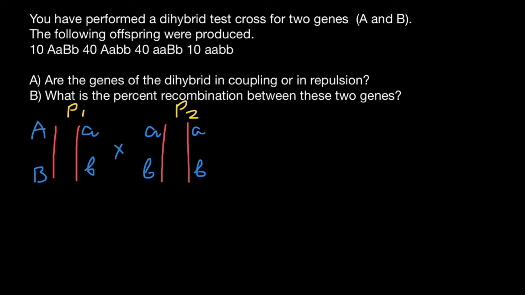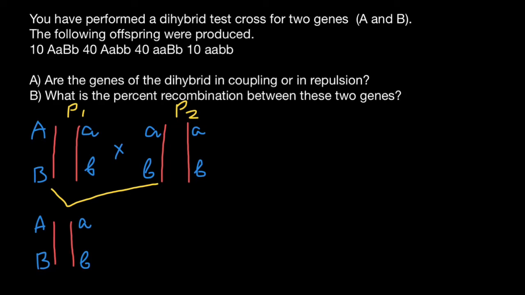So let's find in the F1 progeny what variants are possible if crossing over didn't happen. For example, parent 1 would give this chromosome and parent 2 is going to give this chromosome. So in the F2 generation, we are going to get the following genotypes: capital A and capital B chromosome inherited from parent 1, and small a and small b, the chromosome inherited from parent 2.